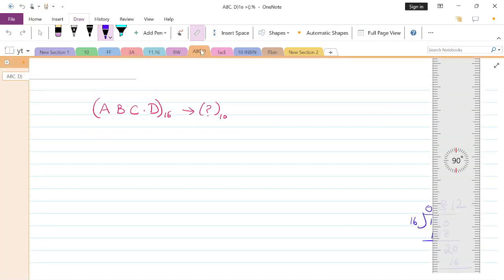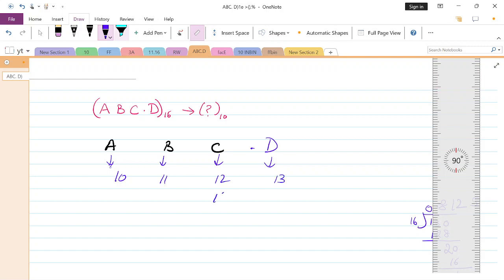Now let us go with another example. It's purely made up of alphabets and also has a fractional portion. So it has how many digits? A, B, C, and then the hexadecimal point, D. We have to find their decimal equivalents: 10, 11, 12, 13.